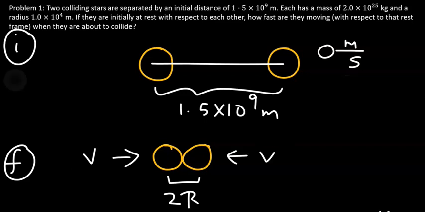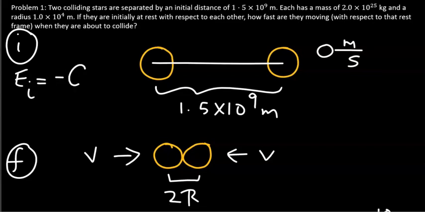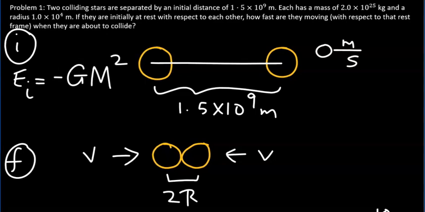So the initial energy of the system consists of just the gravitational potential energy, and that is given by minus gravitational constant G times the product of masses, so that is m squared, over the distance, which is 1.5 times 10 to the power 9 meters.